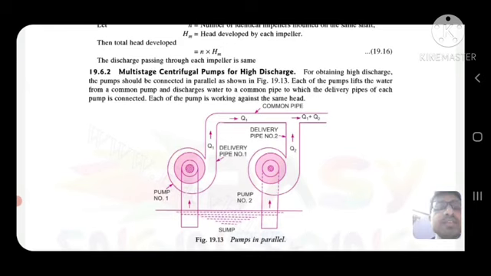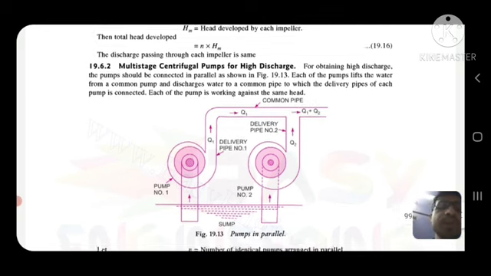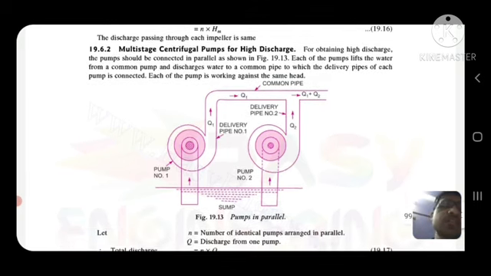Multi-stage centrifugal pump for a high discharge. For obtaining high discharge, the pumps should be connected in parallel. Each of the pumps lifts the water from a common sump and discharges water to a common pipe to which the delivery pipe of each pump is connected.